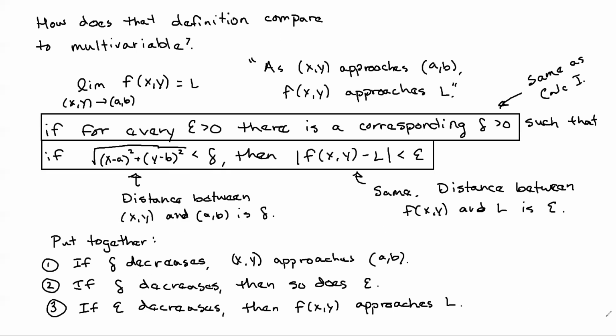All right, so if you had a visual, what does this look like? What's the picture comparison between Calc 1 and multivariable, between one independent variable and two independent variables?